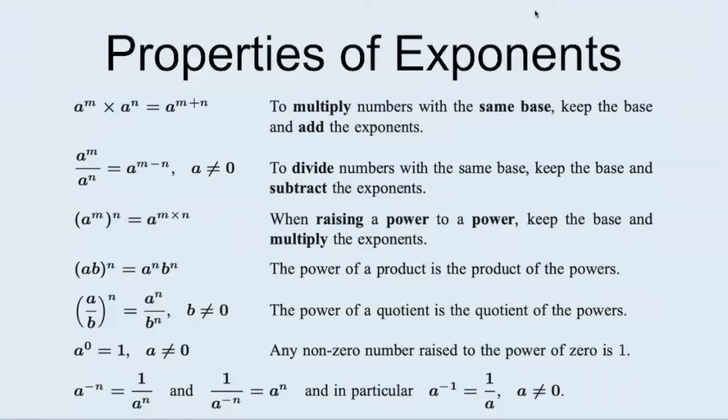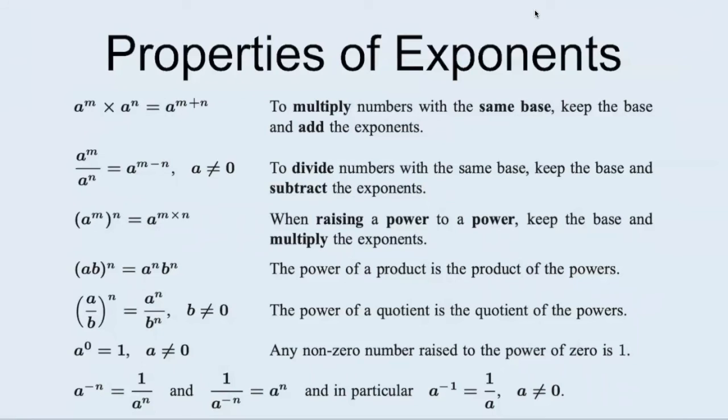So if I have a to the negative n, it becomes a positive exponent when I place it in the denominator, and it becomes 1 over a to the positive n. And vice versa, when the negative exponent is in the denominator, it's made positive by bringing it into the numerator.